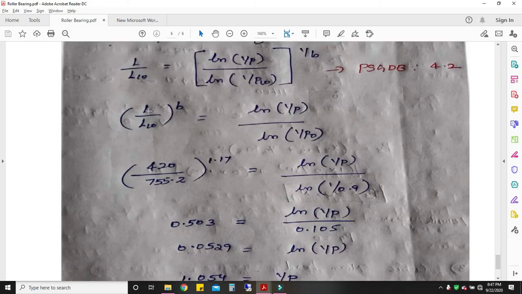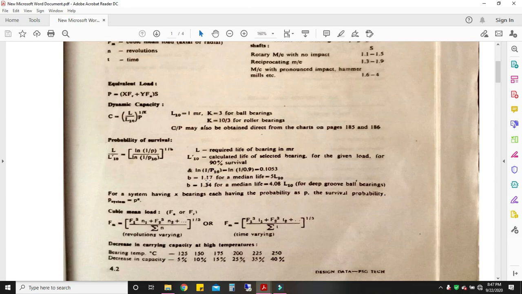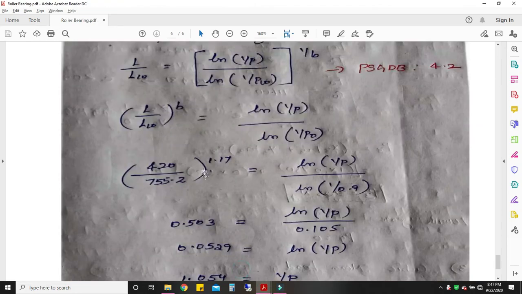Substitute the known values. L equals 420 million revolutions, L10 equals 755.2 million revolutions, and for b, come to the data book. For the median life, the b value will be 1.17. So we take b equal to 1.17, equal to ln of 1 by P divided by ln of 1 by 0.9. This P10 indicates the probability of survival of 90% of the bearings, so 90% equals 0.9.